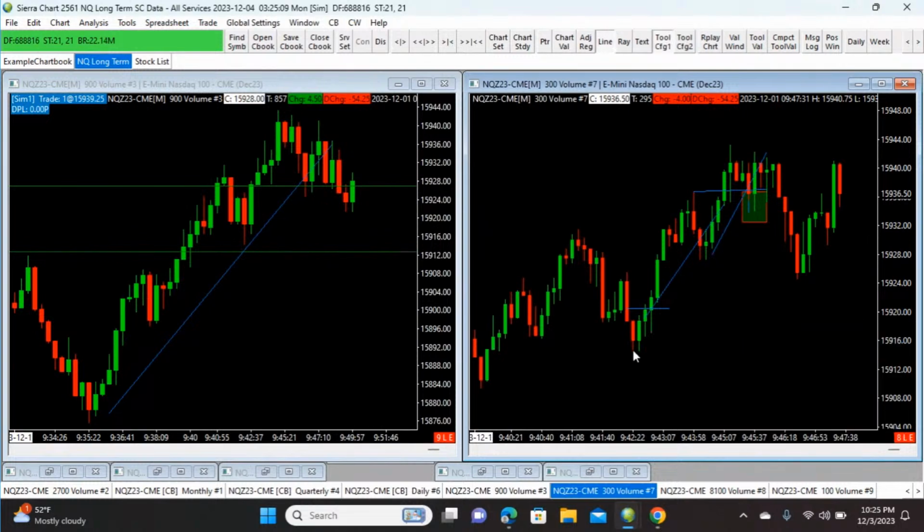If you get into the trade and price heads back down and gets below this low blue line here, you should be out. If it doesn't, you have a high probability of this thing continuing up. That's all I'm saying to you.